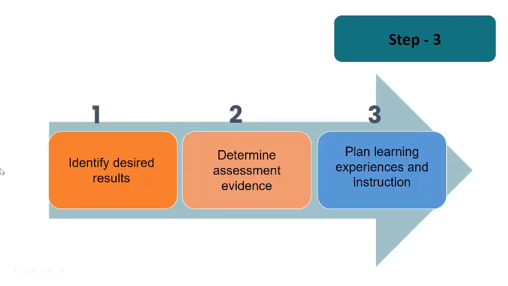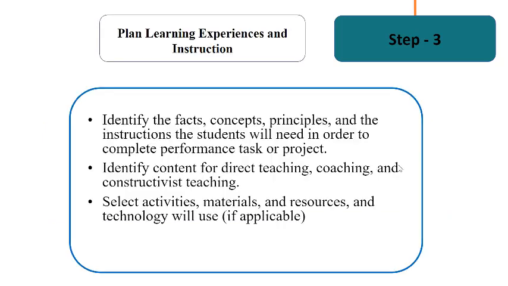Okay, so now we have finished with step 1 and step 2. Now we are moving to step 3, which is plan learning experiences and instruction. Here, you need to identify the facts or the concepts or the knowledge or the content students will need to understand and to learn in order to complete the performance task or the project for their online course.